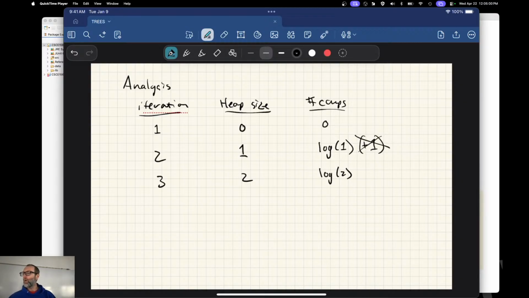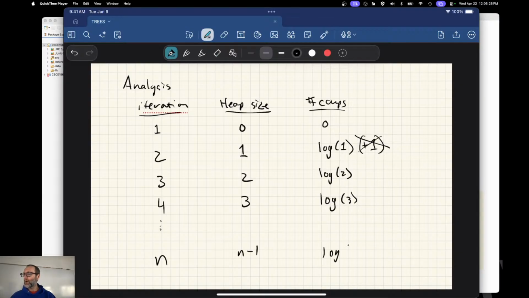Now again, why is this log 1, log 2, log 3, log 4? Because the number of operations to insert something into a heap is logarithmic with respect to the size of the heap. But the size of the heap is growing here. On the fourth iteration, the size of the heap will be 3, and you end up making log 3 comparisons. The last iteration here is n. The heap size is going to be n minus 1.